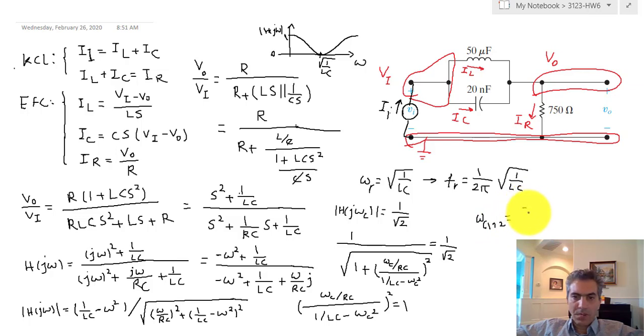minus square root of 4 times (1/RC)² plus 4/LC, plus and minus 1/RC, the whole thing divided by 2.